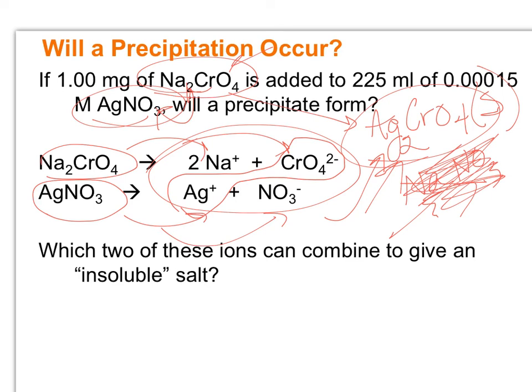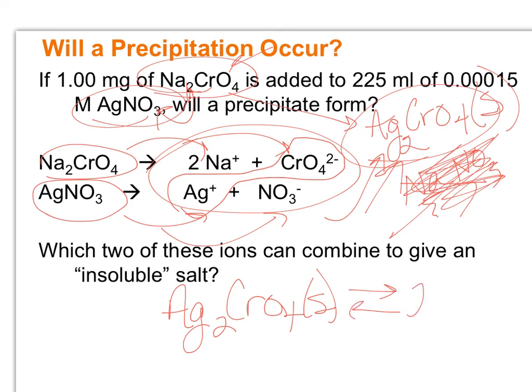Once you have identified what the precipitate could be, you want to write up an equilibrium expression for that insoluble salt, because it's always the equilibrium that allows you to set up a KSP value and an ICE table.